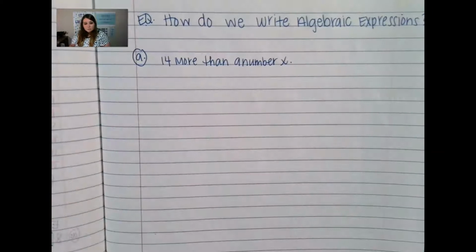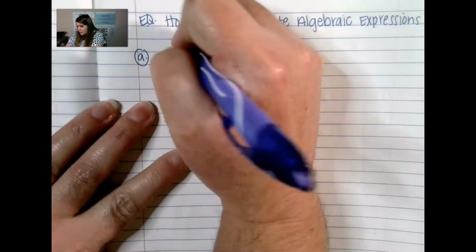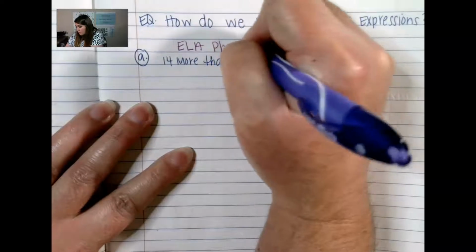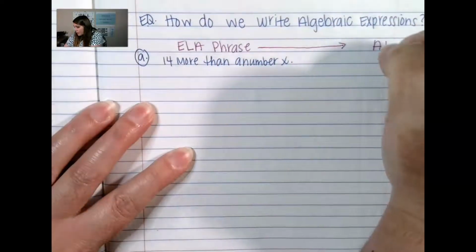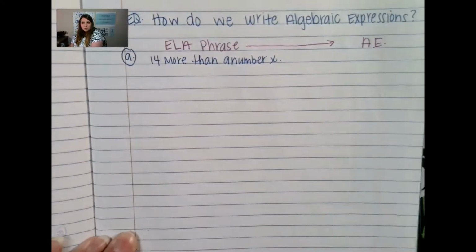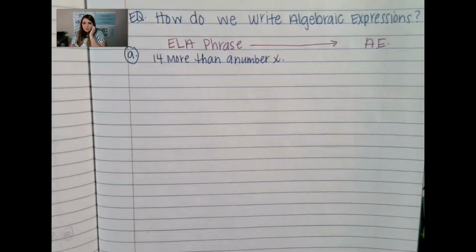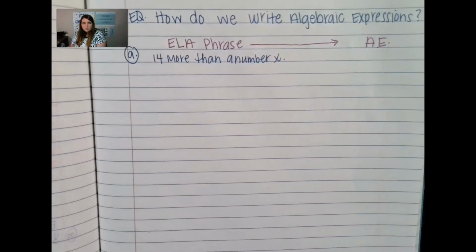So we have 14 more than a number x. Well, this problem here is our ELA phrase. Remember that we are turning it into an algebraic expression. So our job is to look for clue words and then turn it into an algebra phrase. So that is what we are going to be doing with this.